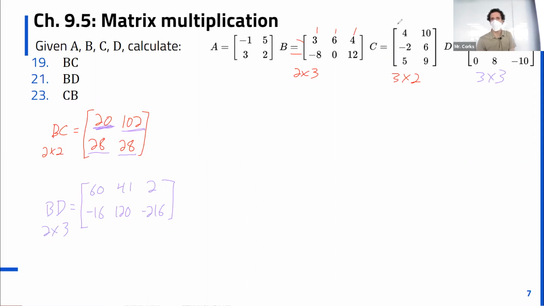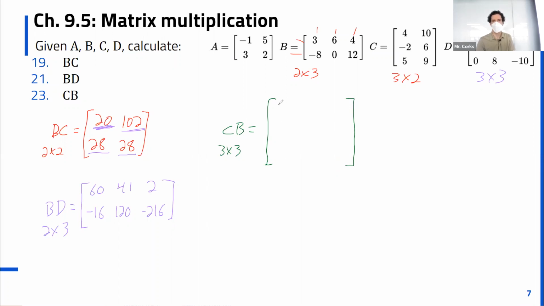All right, and different color here. Our last one, C times B. So C is a 3 by 2 matrix. B is a 2 by 3 matrix. So what size will our result be? Okay, so 3 by 3 matrix. And who can tell me this result?